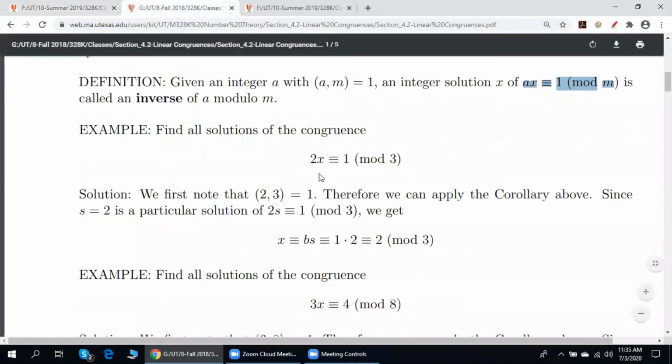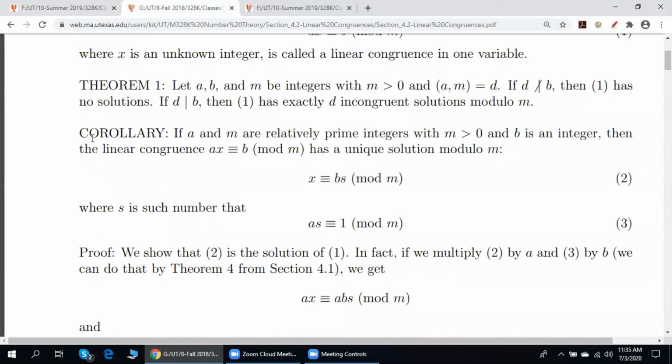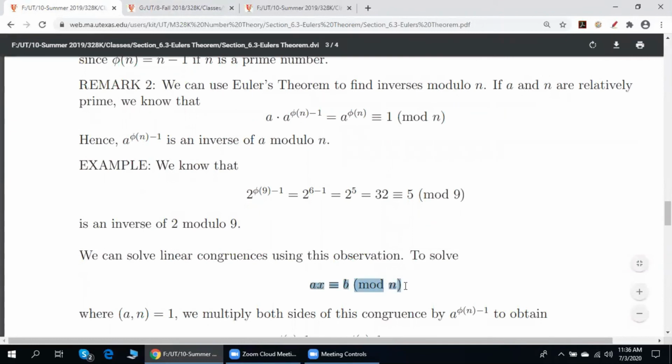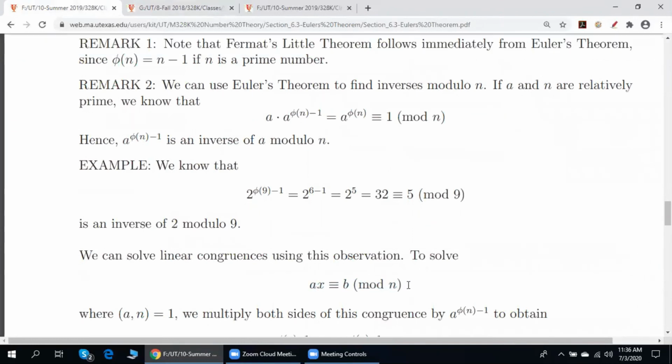Now, let us go back to section 4.2 again. In this section, we discussed the following corollary that says the following. In order to find a solution of these congruences, first, we find a solution of these congruences, S, we find an inverse of A modulo M, and then multiply B by S. Now, suppose we have these congruences, we know how to find the inverse of A modulo n.